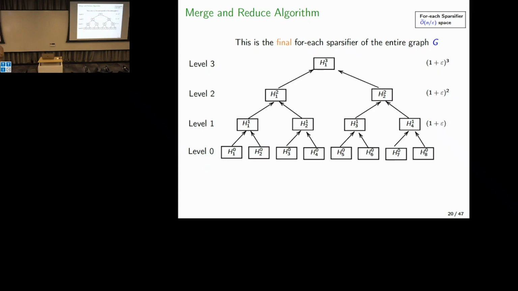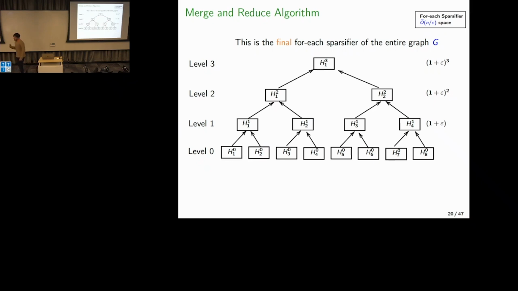So this idea would work in general, even for for-all sparsifiers. Exactly. The only thing you need is this mergeability and reducibility property. Once you have that, you can do it for any sparsifier you want. So you can do it for spectral sparsifiers, like the for-all sparsifiers we know. You can also do it for the for-each sparsifiers.